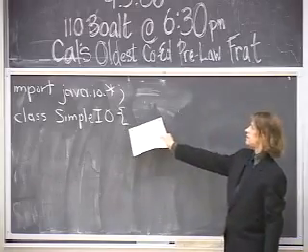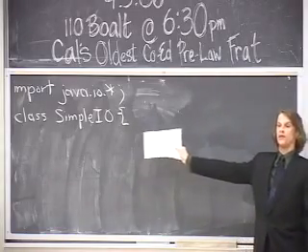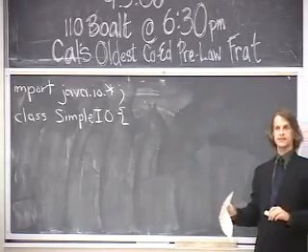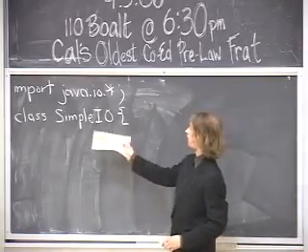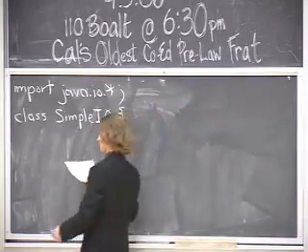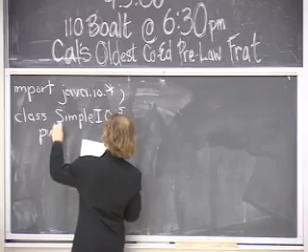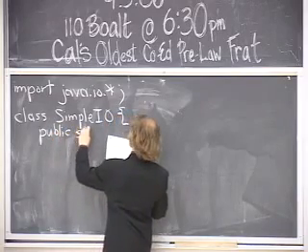Okay. SimpleIO is the name of my program, by the way. So I'm creating a class specifically to be a program whose name is SimpleIO. And I'm going to write a method in that class.